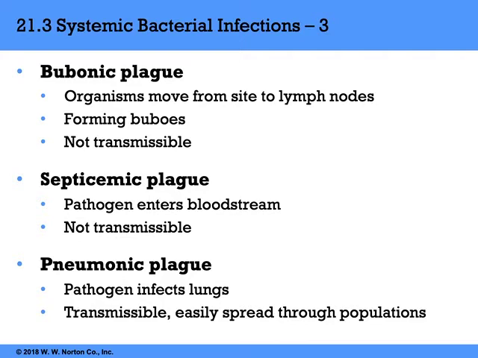Septicemic plague is where the pathogen enters the blood and is not transmissible. And pneumonic plague is where the pathogen hits the lungs and is transmissible by aerosols and spreads quickly through populations. Bubonic plague you might also know as the Black Death.